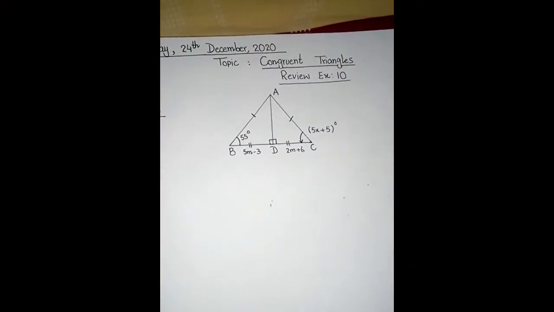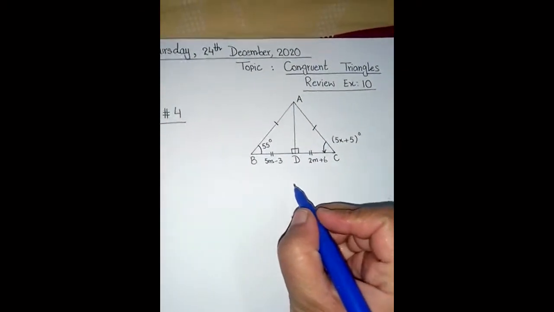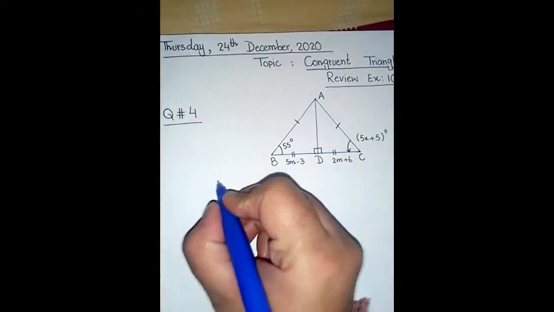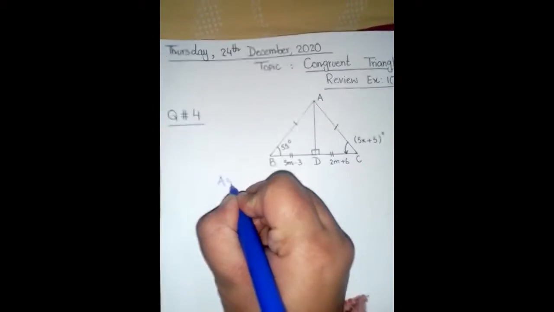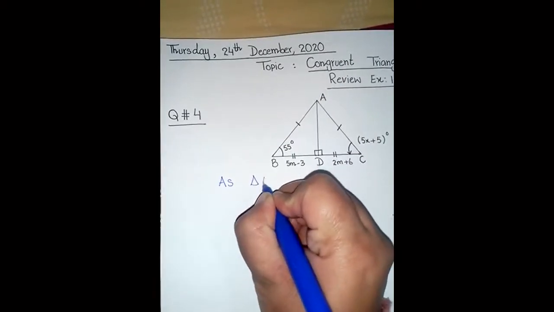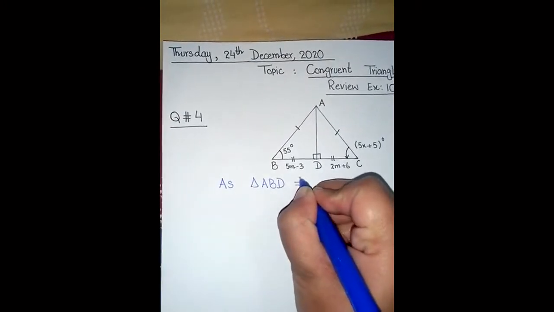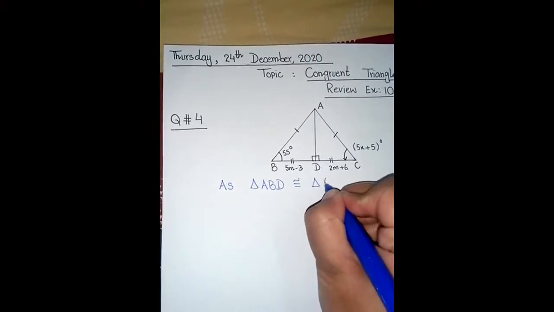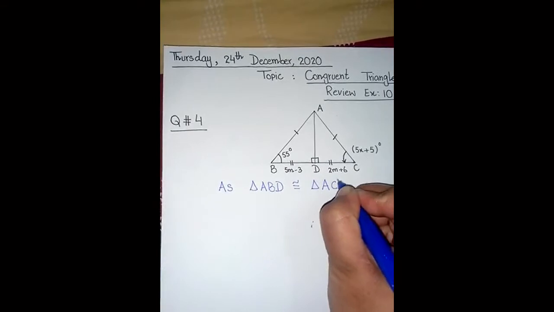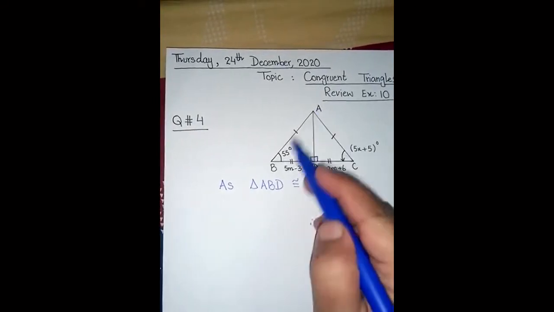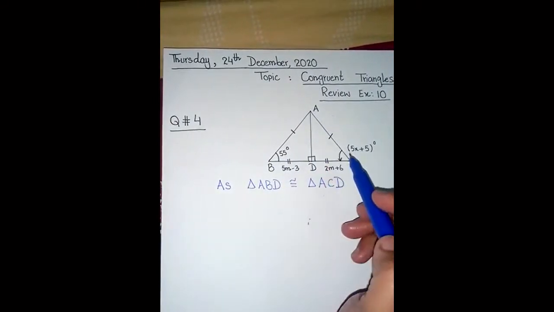As you can see, I have already drawn the triangles. So we will start our solution with the statement. As we know, triangle ABD is congruent to triangle ACD.